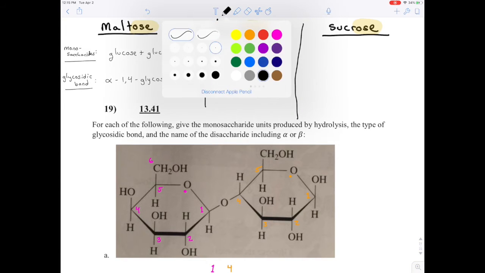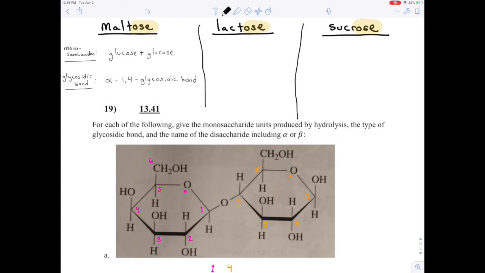How about lactose? The two monosaccharides that make up lactose are glucose and galactose. And lactose is connected by a beta 1,4 glycosidic bond.